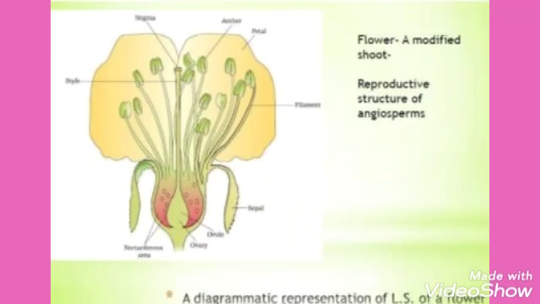Each archesporial cell divides to form 2 types of cells, a primary parietal cell and a primary sporogenous cell. The parietal cell divides several times to form the anther wall, whereas the sporogenous cell undergoes fewer divisions and forms the microspore or pollen mother cells, PMC.